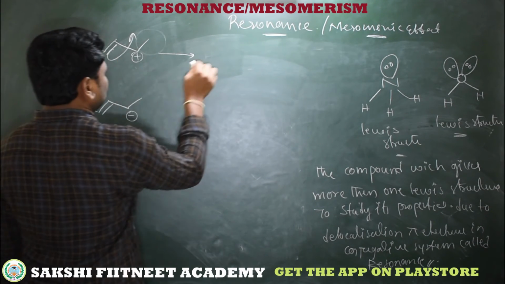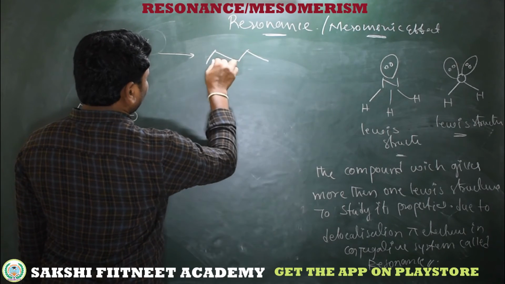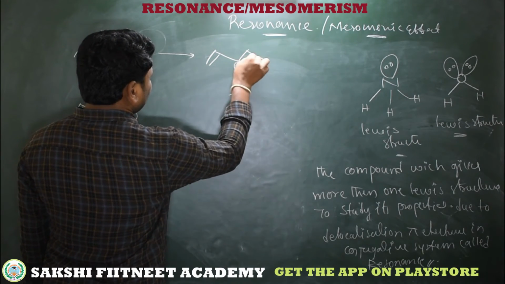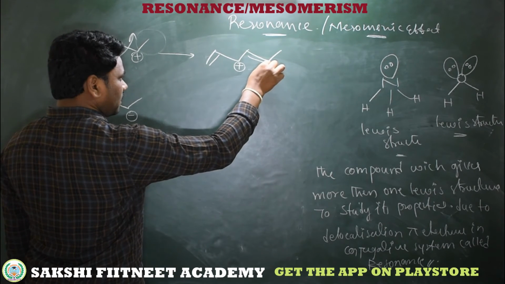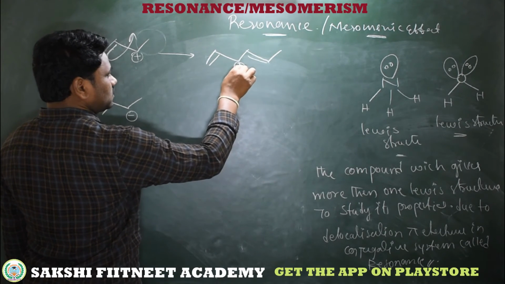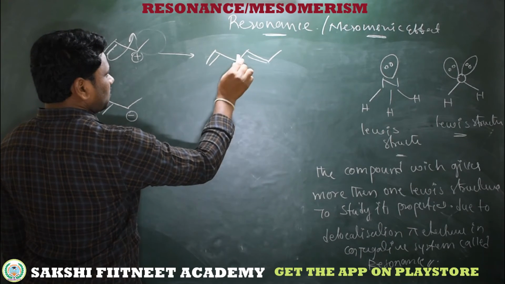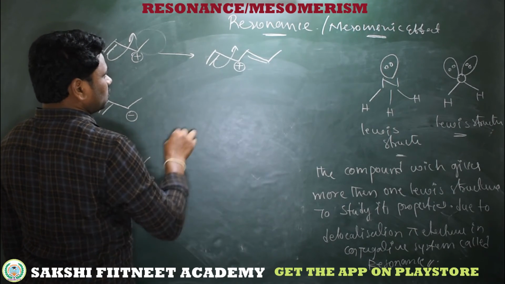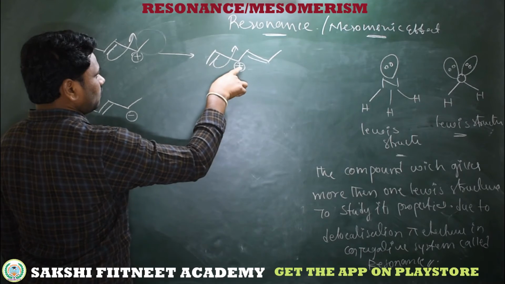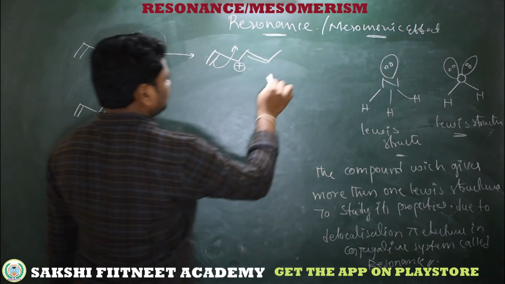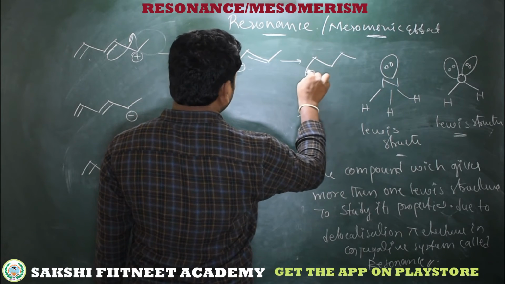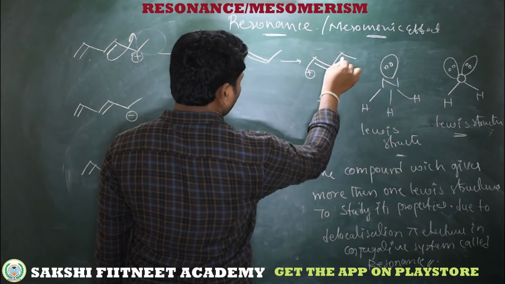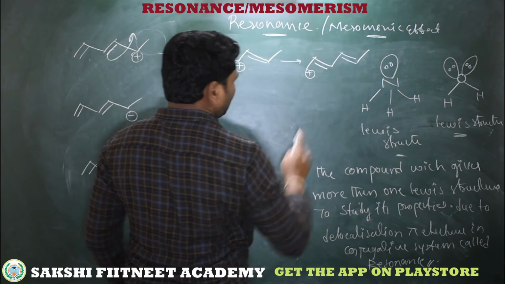Now we are getting a positive charge on this carbon, and the previous one became neutral. Again this carbon is neutralized by shifting this pi electron towards the right side. Then we get a positive charge here, and this bond is as it is.